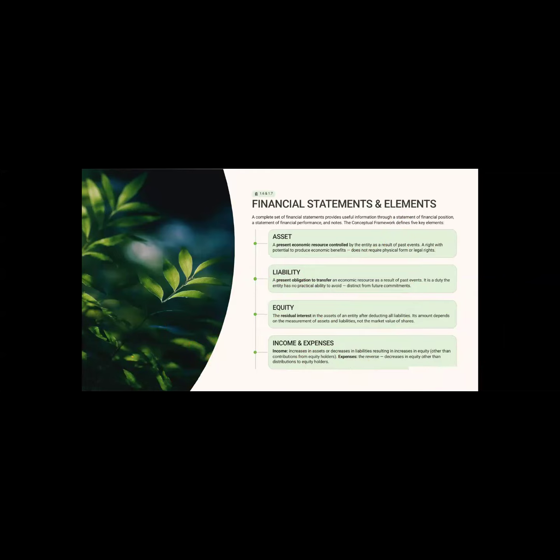And the next one is income and expenses. Income and expenses means how can we define that: an increase in asset or decrease in liability resulting in increasing equity. That means if there is any increase in assets, or liabilities decrease, equity will increase.